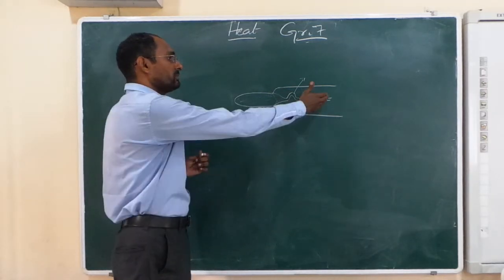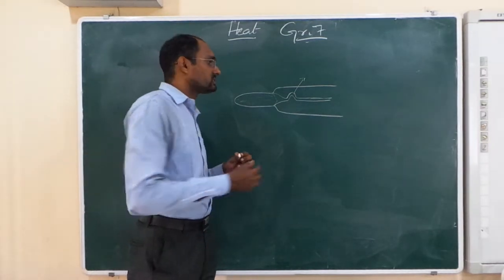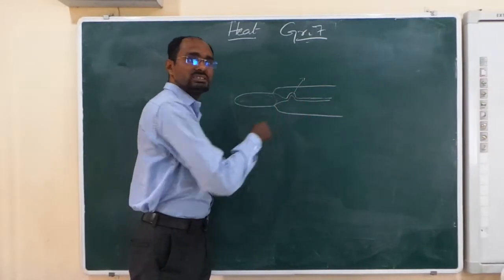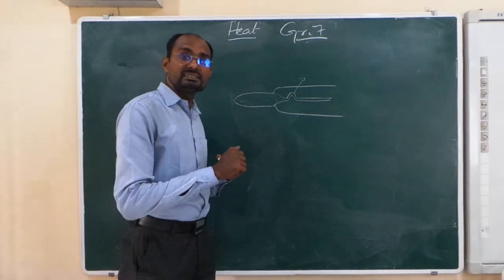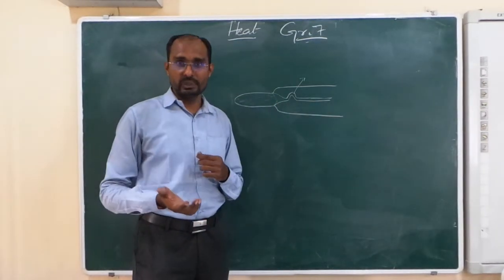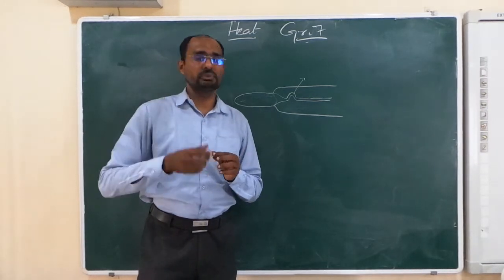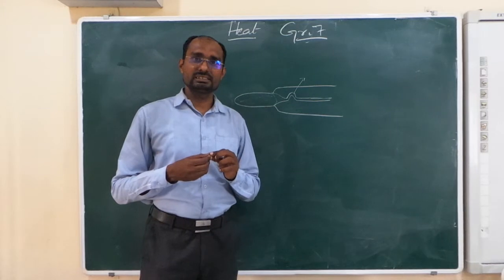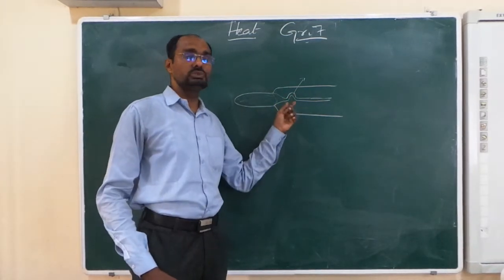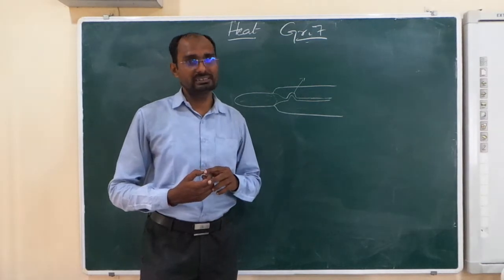Meantime, mercury may go back into the bulb, isn't it? So this slight bending prevents the mercury from going back into the bulb very quickly. It will take some time, and within that time we can finish noting down the temperature. So this is the use of this nick, the small bending which is present.